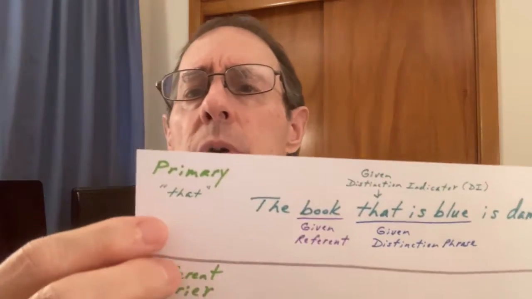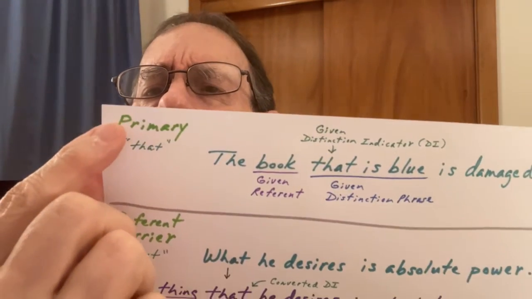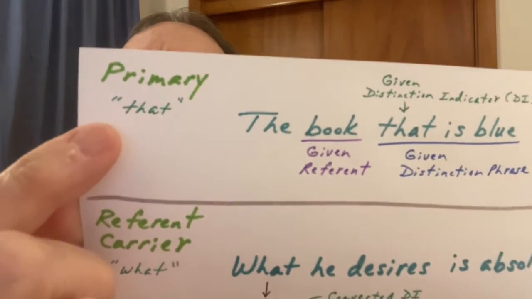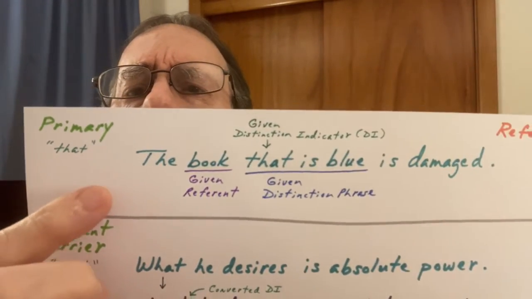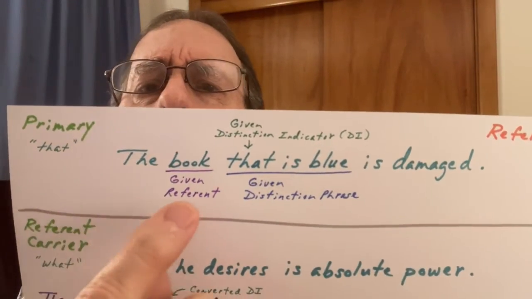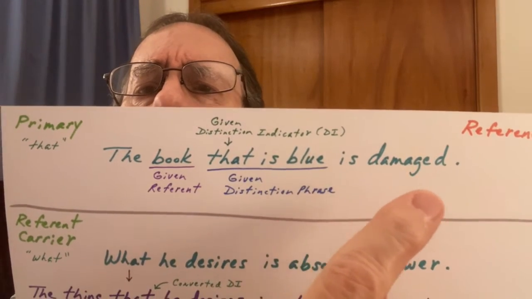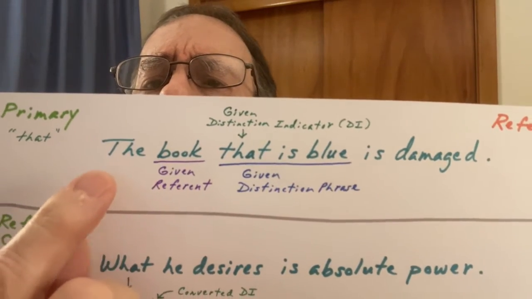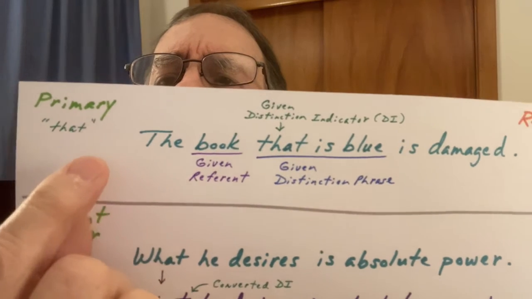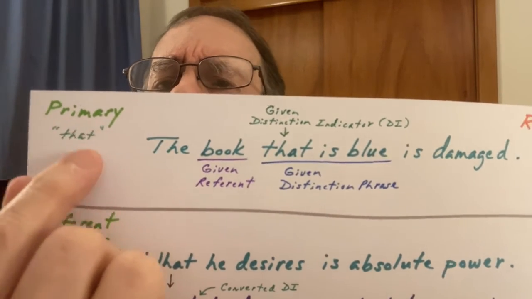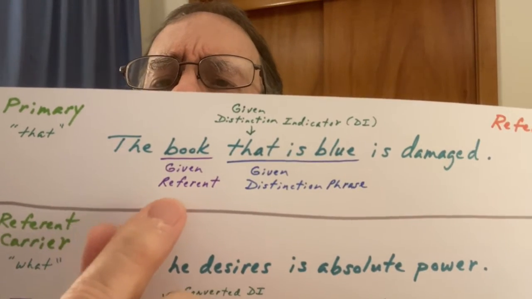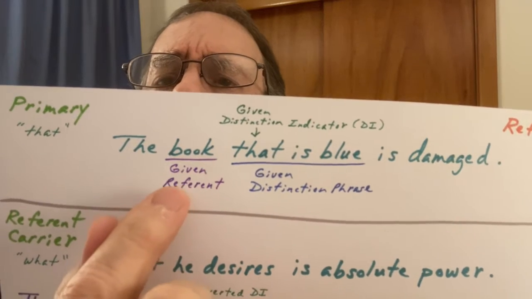Here's an example of the primary distinction indicator. I used the word that, and here's a sample sentence: The book that is blue is damaged. Using this primary distinction indicator, you see that your word book is your given referent.